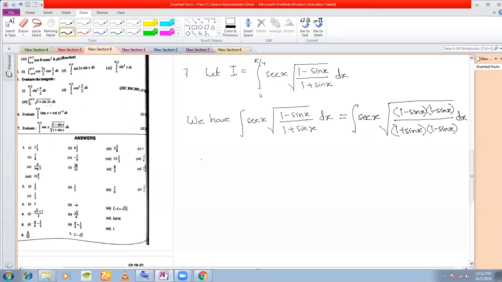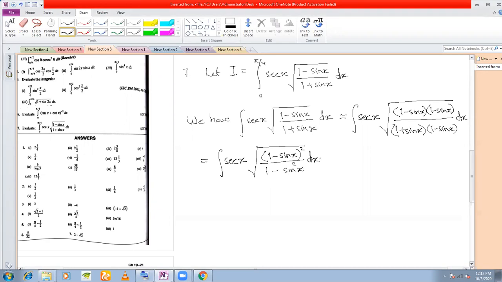Okay, so what you get here is you get sec x and you get root over of 1 minus sine x whole square, divided by 1 minus sine square x.